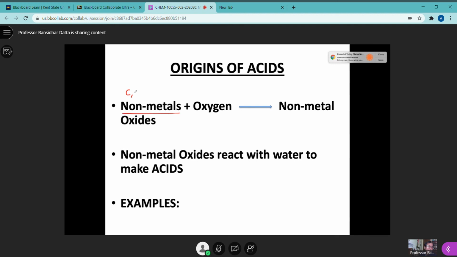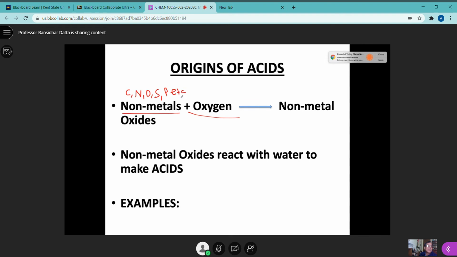Hydrogen, group 1. Or let's say carbon. Come on. Oxygen. Nitrogen, sulfur, phosphorus, etc. That's fine. Good enough. We'll come back to those. There are many of them.